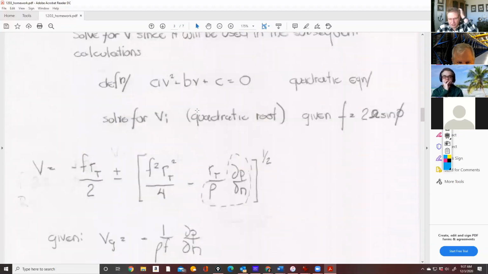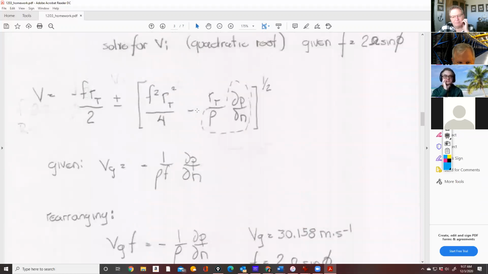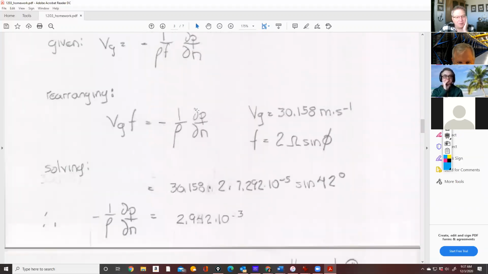Put this equation in there. All the equation comes out, and you get the geostrophic wind of 30.158 meters per second. Nick, that's the same thing you got, right? Yep. Okay, so that's 60 knots.